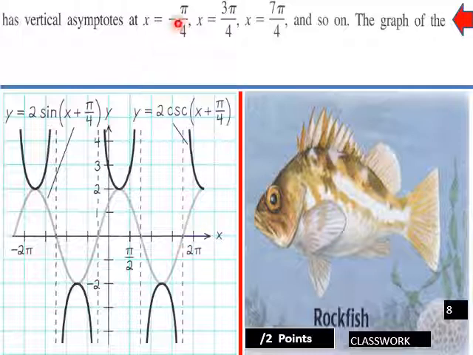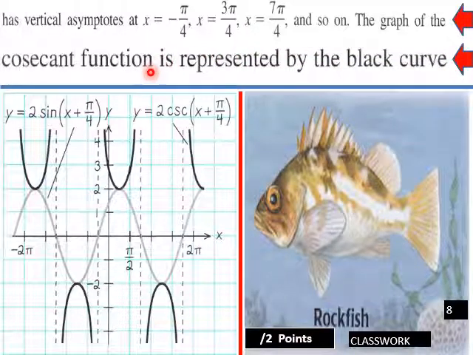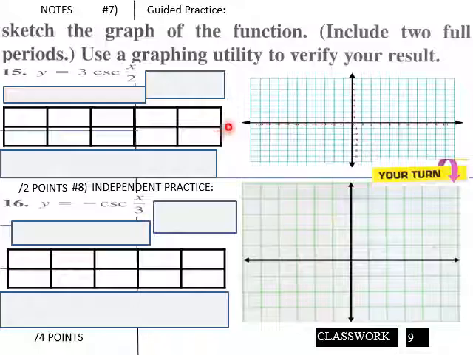So you have vertical asymptotes at each one of these points, which is where your sine function intercepts the x-axis. The graph of the cosecant function is represented by the black curve. So this is your cosecant function here, down here, and up here.